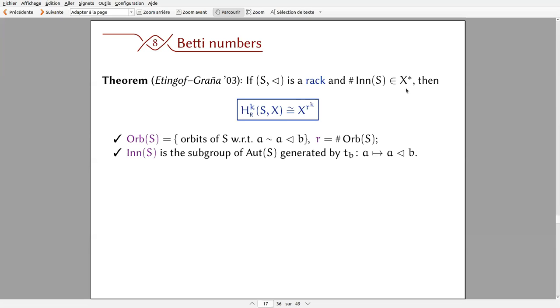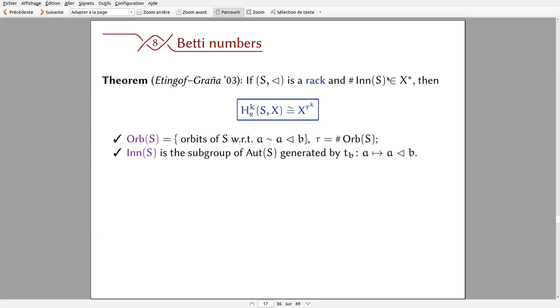Now the technical condition I need is the following. You can consider the automorphisms of your rack generated by the right translations. It will give you a group, which is a subgroup of all the automorphisms, and it is called the group of inner automorphisms. Since your rack is finite, it will be a finite group, and you can look at its size.